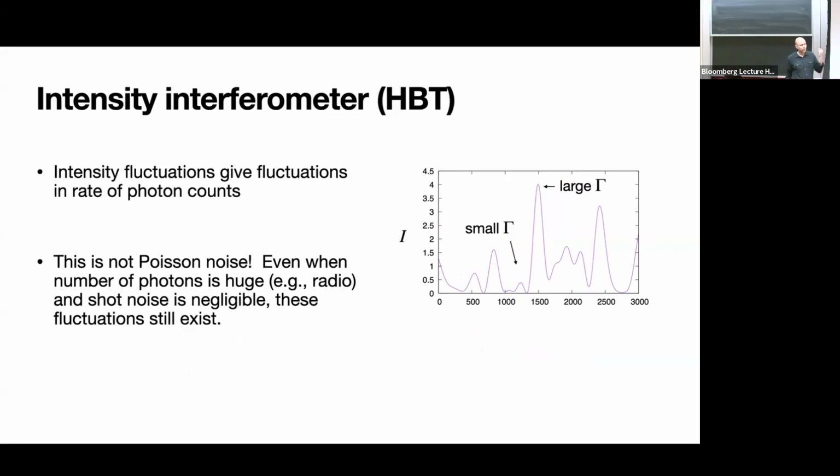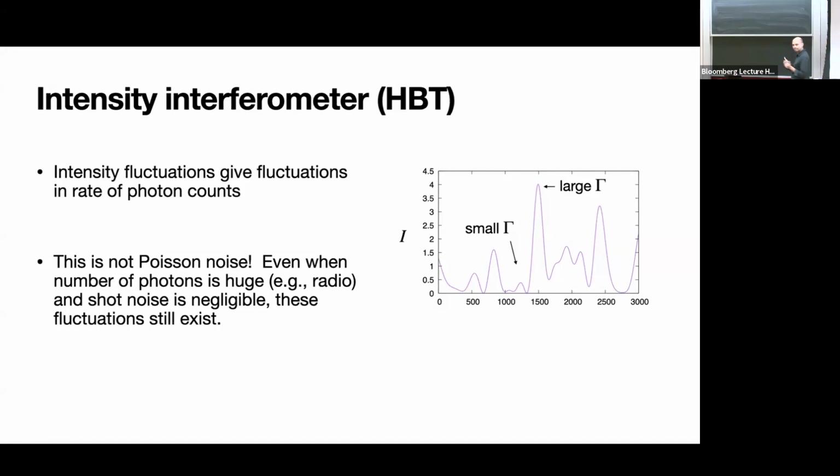Even when the number of photons is huge, for example at radio observations, the number of photons is basically infinite, and therefore Poisson shot noise is 0. We still get order 1 fluctuations in the rates at which photons come to us. So this is the origin of that bunching effect that I described.